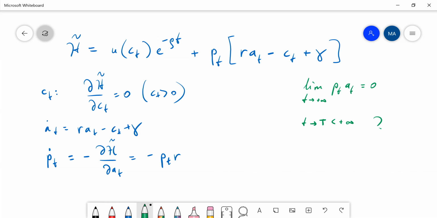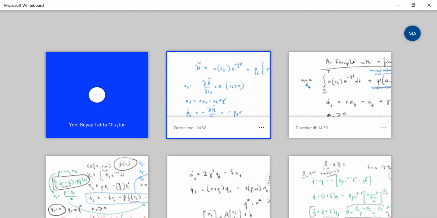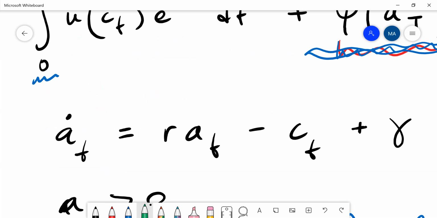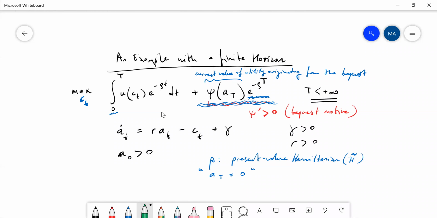Well, don't forget, you have a particular term in your objective, you have this particular term, remember. So it tells you something about the value you should be attaching to this variable.